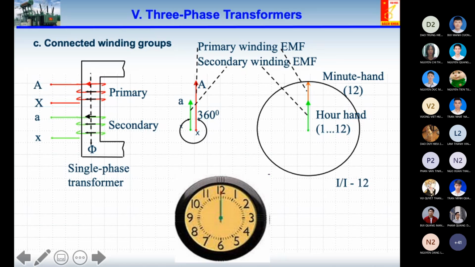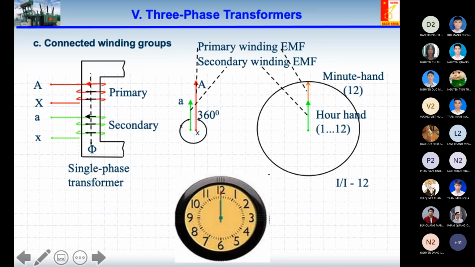Keeping this in mind, now if we change the direction of this winding, we keep the primary winding as before, even for the direction of the current. You can see we change the direction of this winding.